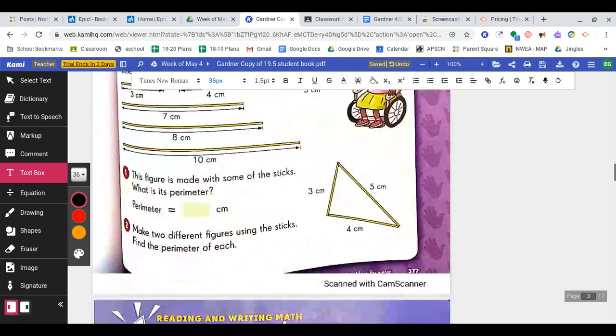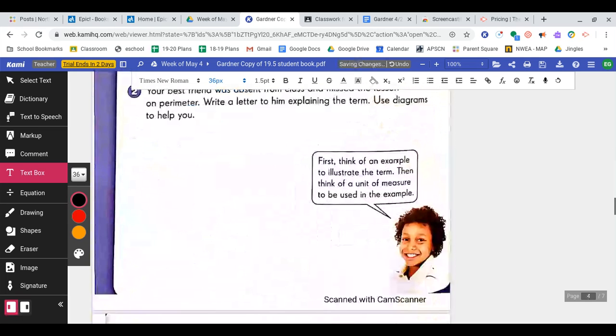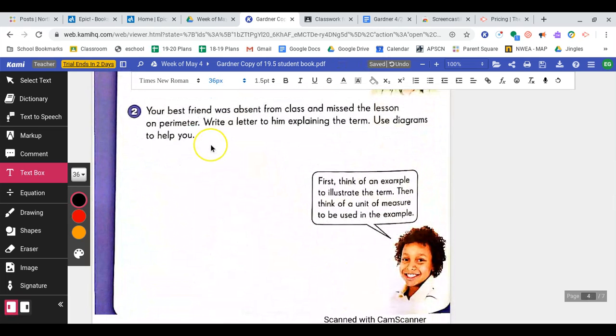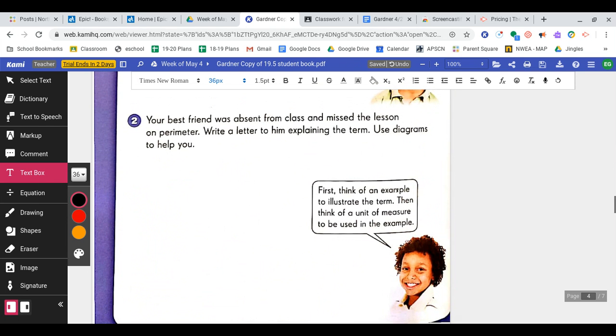That is the perimeter of the field. We're going to skip over the hands-on activity and math journal, although I do like this second question for the math journal. All of these are optional, but this one says, if your friend was absent from class, and in this case, maybe didn't watch the video and missed that lesson on perimeter, explain how to find perimeter to that friend.